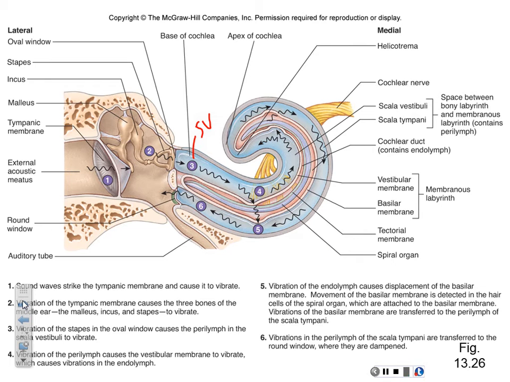When the basilar membrane agitates, it agitates the organ of Corti located in the cochlear duct. When the organ of Corti is agitated, it bends the hairs, and that's when the gates open. The sound wave continues on to the scala tympani and is dissipated through the round window.